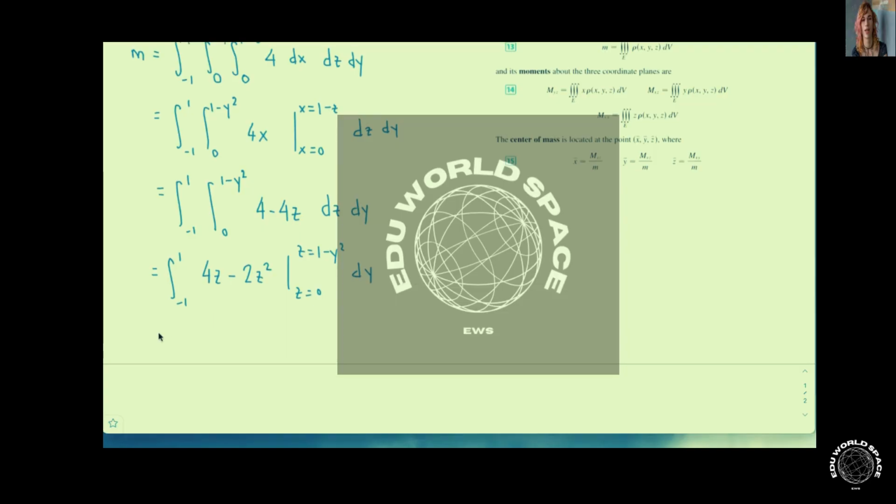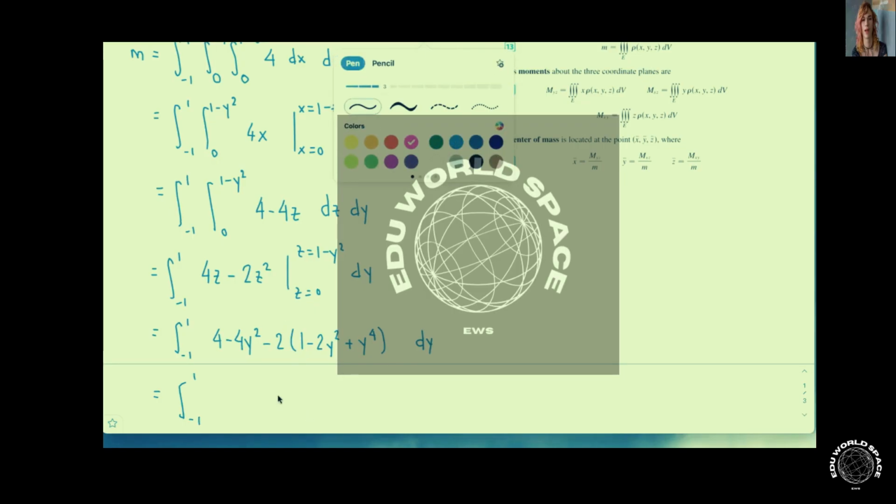Okay, if we plug in 1 minus y squared, I'm going to get 4 minus 4y squared minus 2 times, when I square 1 minus y squared, I get 1 minus 2y squared plus y to the 4th. If I plug in 0, I'm going to get 0. So this is the integral from -1 to 1 of, let me just take this part out, so this will be -2 plus 4y squared minus 2y to the 4th. Okay, so 4 minus 2 is 2.